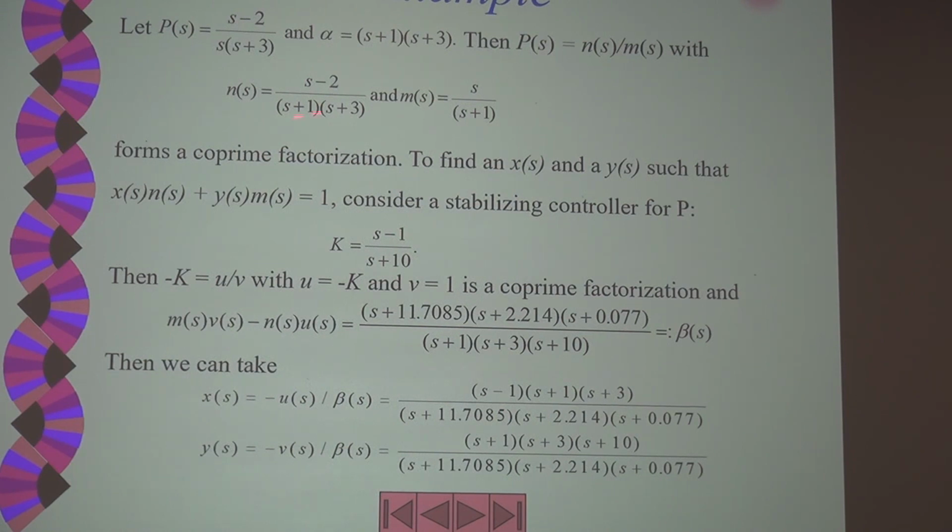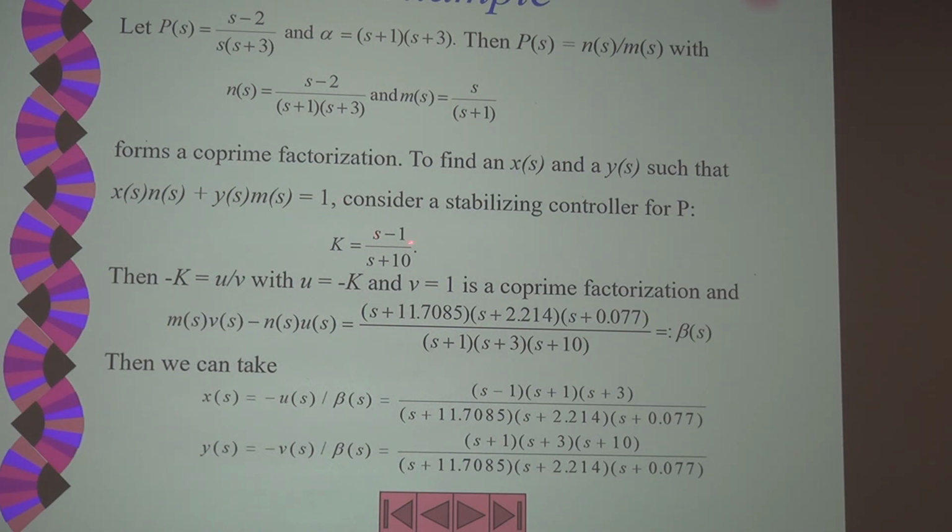You can see N and M all have relative degree 1, and this also has relative degree 1. But how can I find X and Y? We know X and Y will satisfy this Bezout identity. You have a stabilizing controller for P, and you also write U divided by V as a factorization. Of course, it's SISO, so it's very easy.